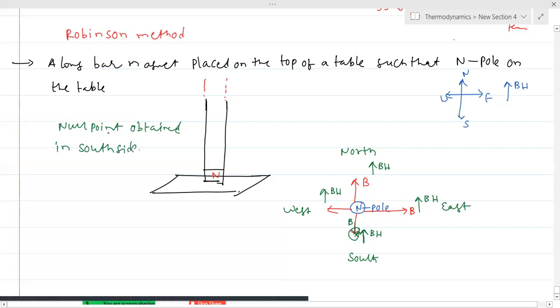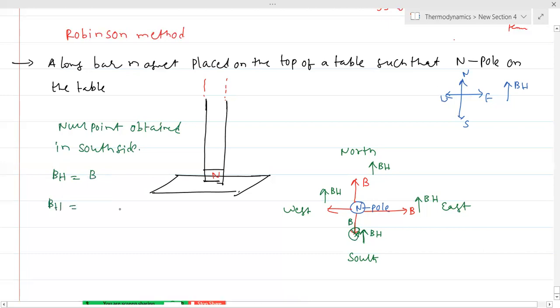At the null point we have two magnetic fields and they are equal. BH is a constant value, which in the questions they will provide. B you are taking for a single pole. So that's why BH is equal to mu naught by 4 pi times m by d square. So this is called the Robinson method.